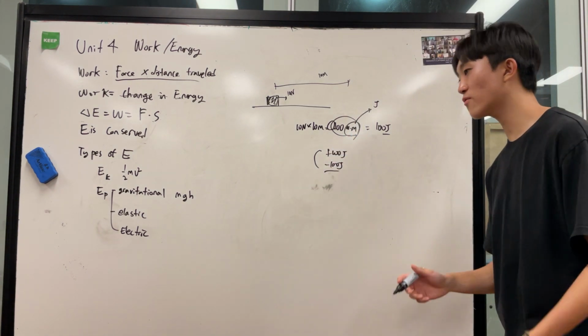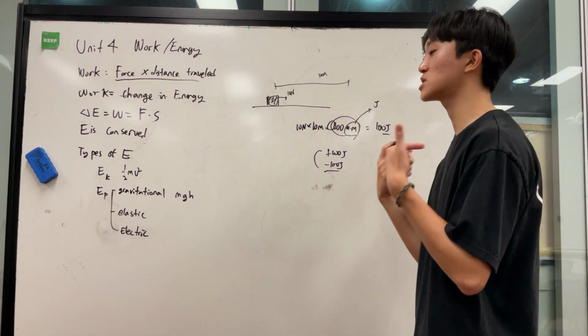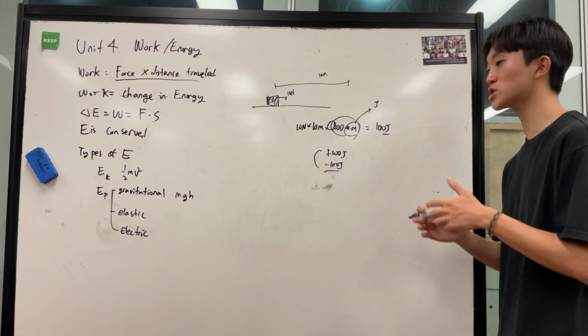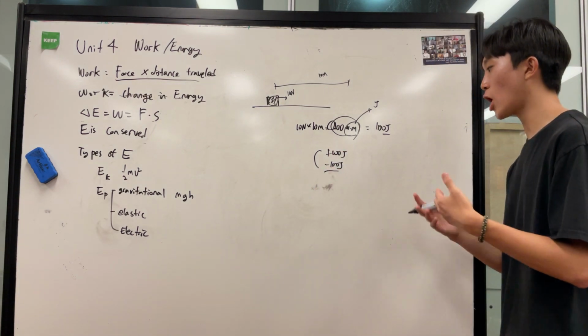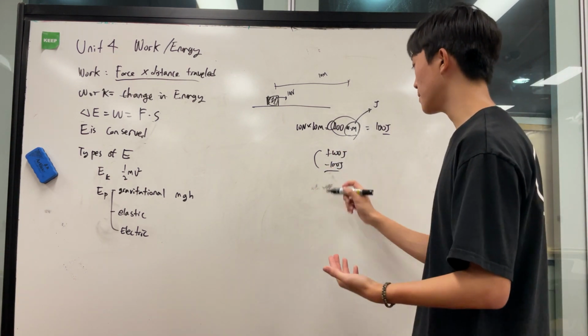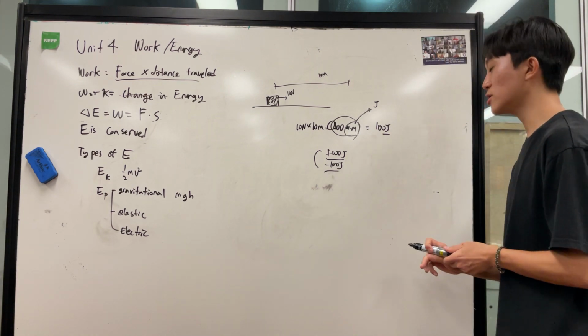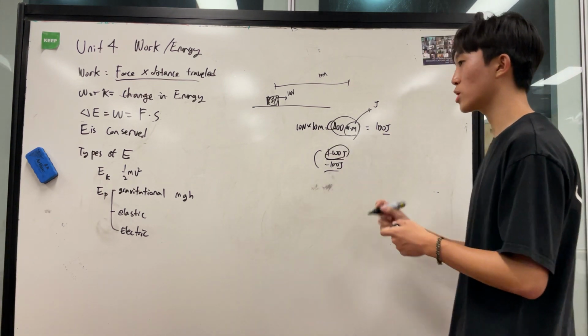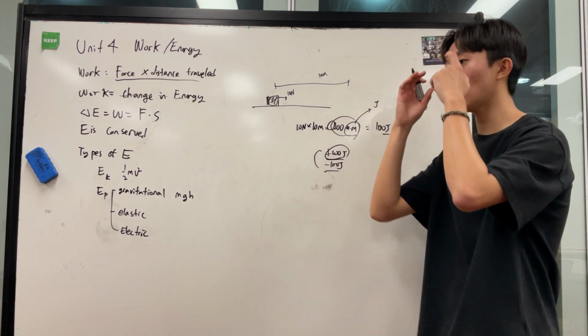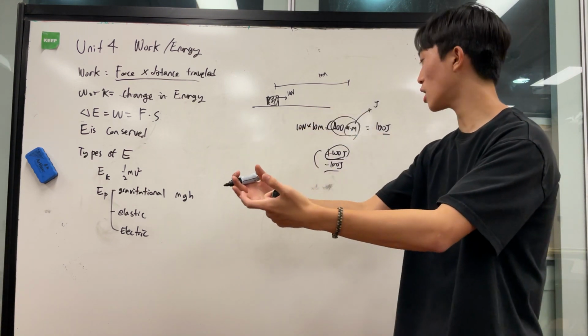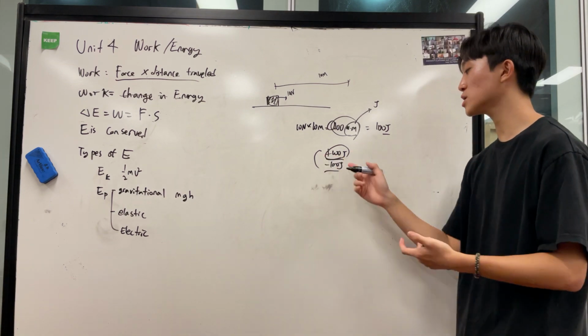And when it's negative 100 joules, then it's the work that's done to the object, because you're always talking from the perspective of the object. So if the object has done 100 joules of work, then you express it as plus 100 joules.